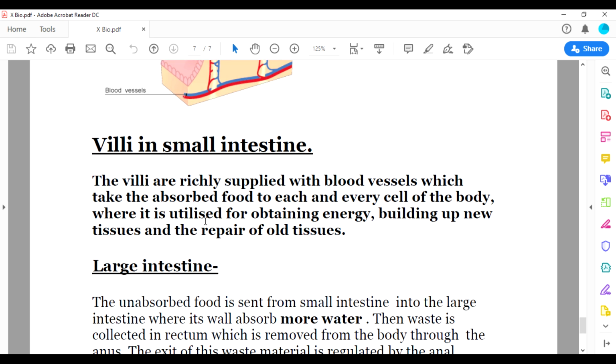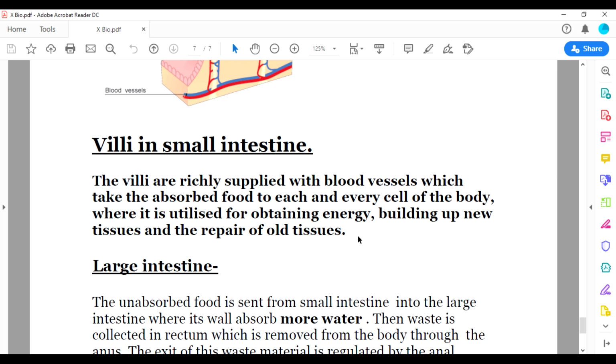This absorbed food is then supplied to all the parts of the body, even every cell of the body, where it is utilized to obtain energy. This energy is utilized in building up of tissues, repair of old tissues, and to maintain other life processes.